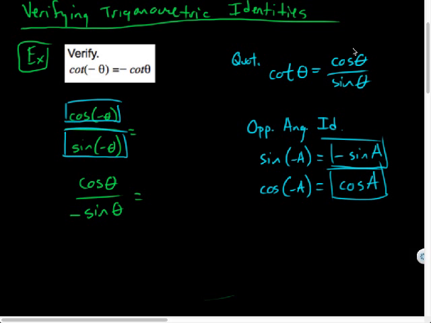Then I can use the quotient identity again backwards, and that's just going to equal what we're looking for: negative cotan theta equals negative cotan theta. The main reason I wanted to show you this example was that some of our other identities will be showing up that perhaps you don't recall completely, just using some of the ones that aren't the reciprocal, quotient or Pythagorean ones.